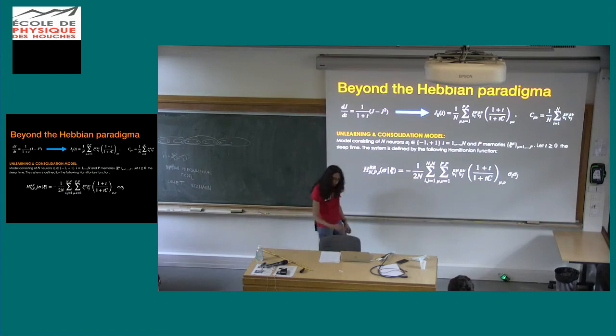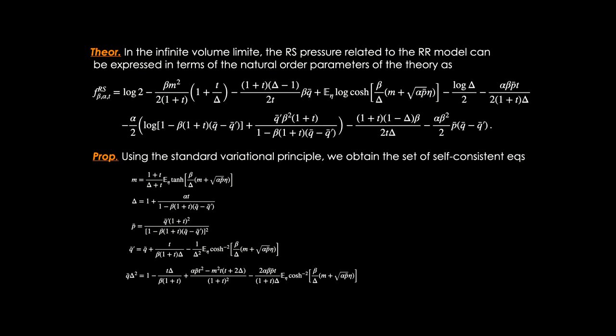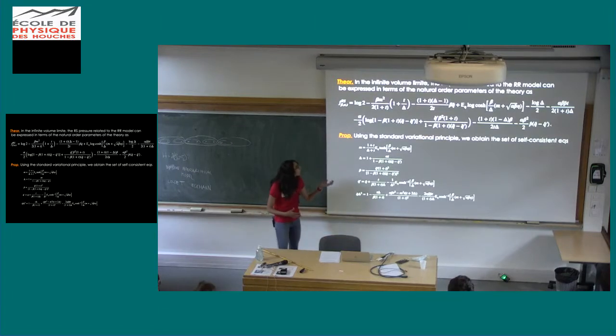From this, we can write the pressure of the system, and then by the standard variational principle, we can obtain the self-consistency equation of the model in terms of the order parameter.